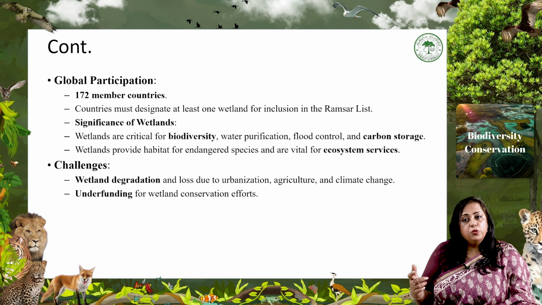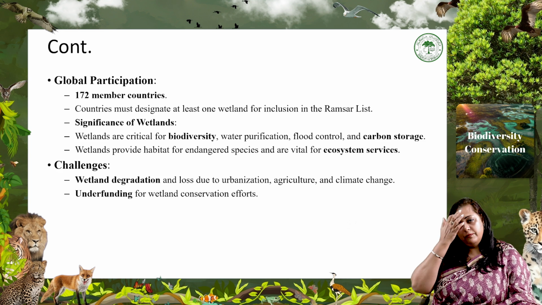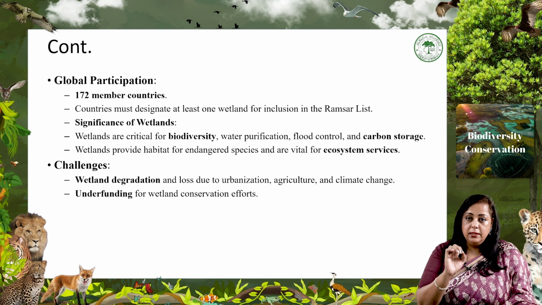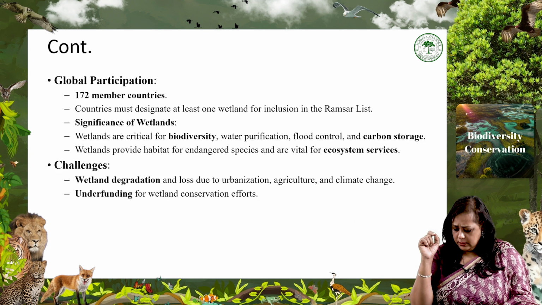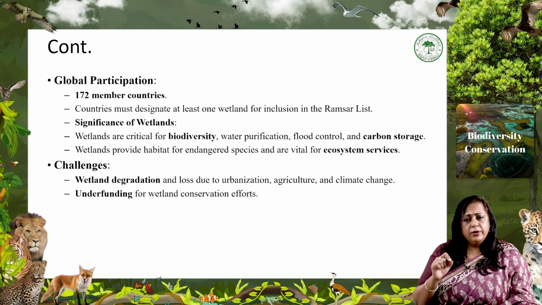If India wants to be part of the Ramsar Convention, it should sign the convention with at least one wetland, saying this is the wetland we have identified, it is very important to conserve it, and this wetland needs global cooperation. So, we have many wetlands as Ramsar sites.